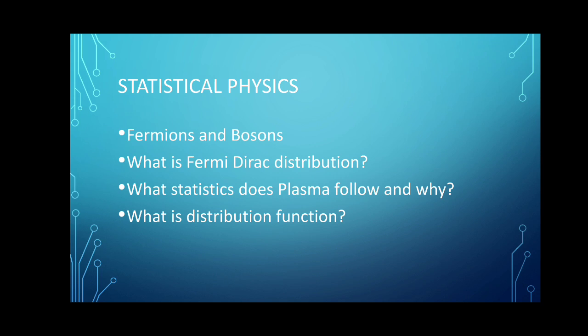The temperature is measured in terms of electron volts. That is the same as we see in Maxwell-Boltzmann distribution, where energy is simply expressed as kT, or half kT, meaning it is directly proportional to temperature, but it is not like this in Fermi and Bose-Einstein distribution. So this is one of the reasons that plasma follows Maxwell-Boltzmann statistics.